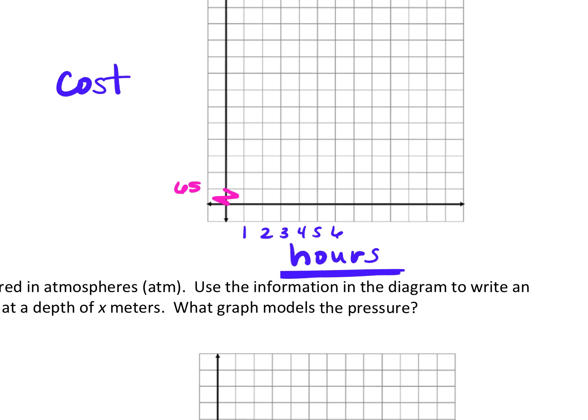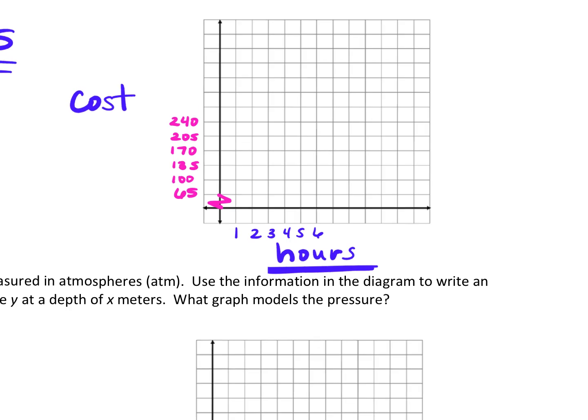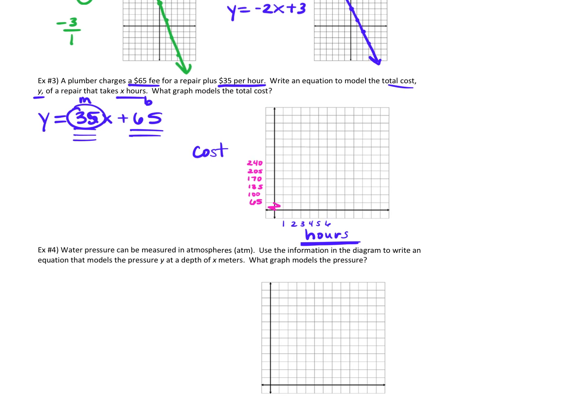So what's 35 more than 65? 100. And then 35 more is 135. And then 35 more is 170. And then 205. And then 240. So you just keep counting by your slope. So here's the deal. If I'm in a graph, slope-intercept form, I'm going to plot my y-intercept at 65.